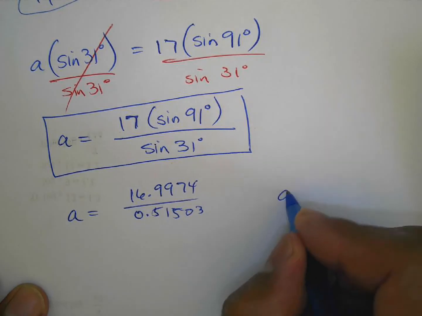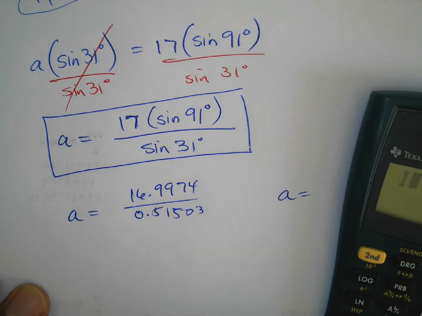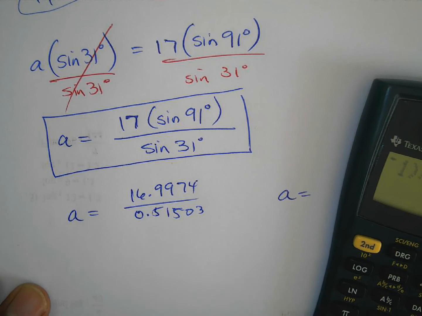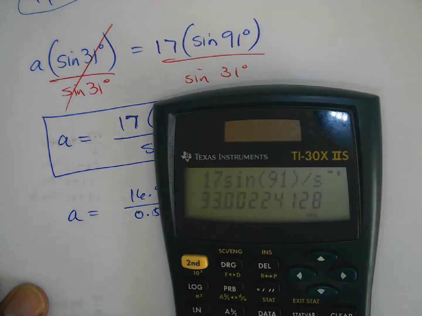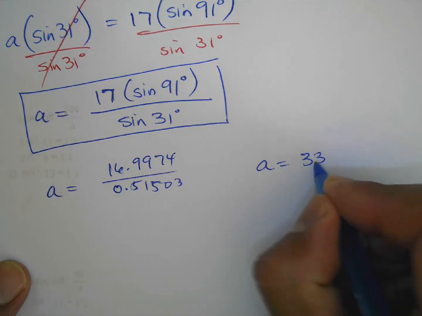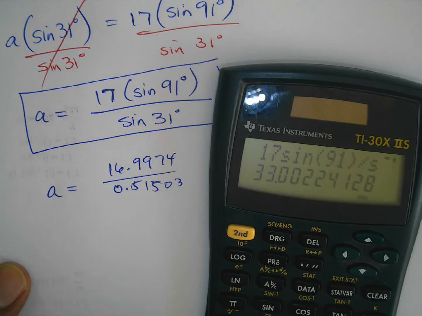And my answer for A is, okay, you should get, I got 33. I got 33 rounded up. Let me try that here.